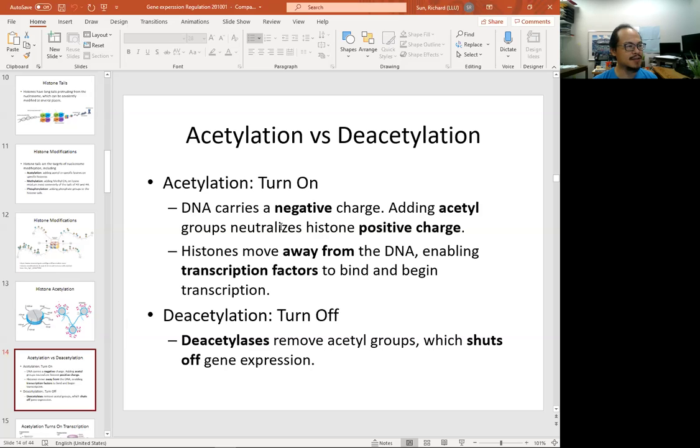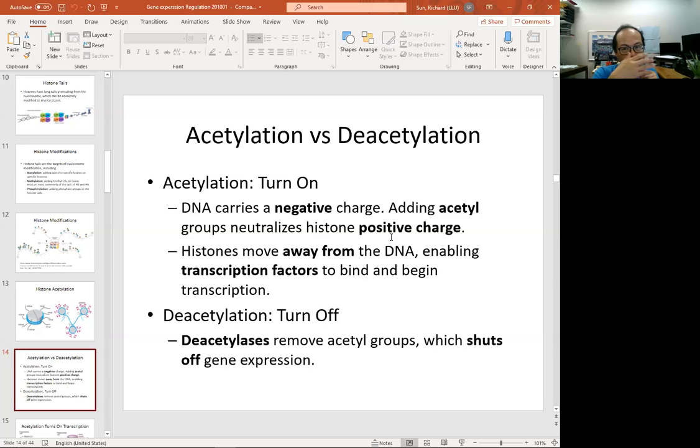So the basic idea is that the DNA carries a negative charge. Acetylation neutralizes the histone's positive charge, so there's less attraction between the histone and the DNA. So the DNA will be less attached to the histone.